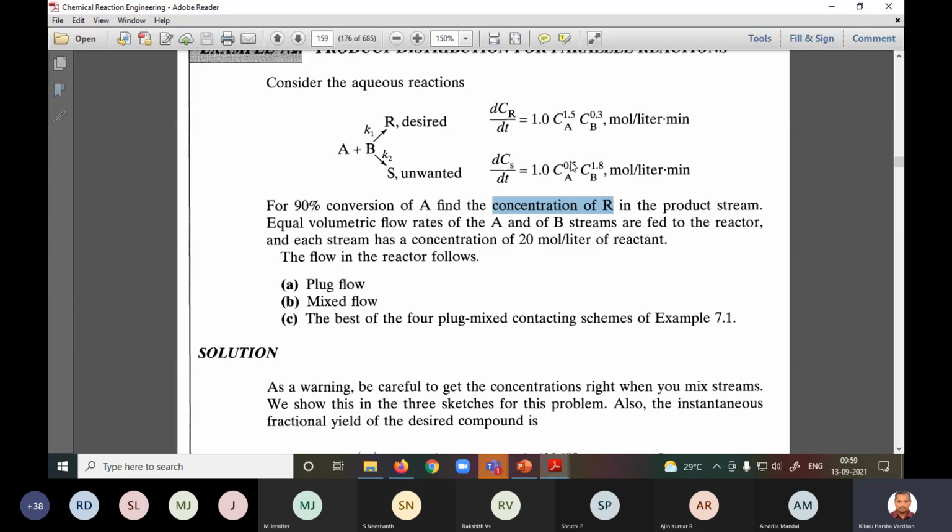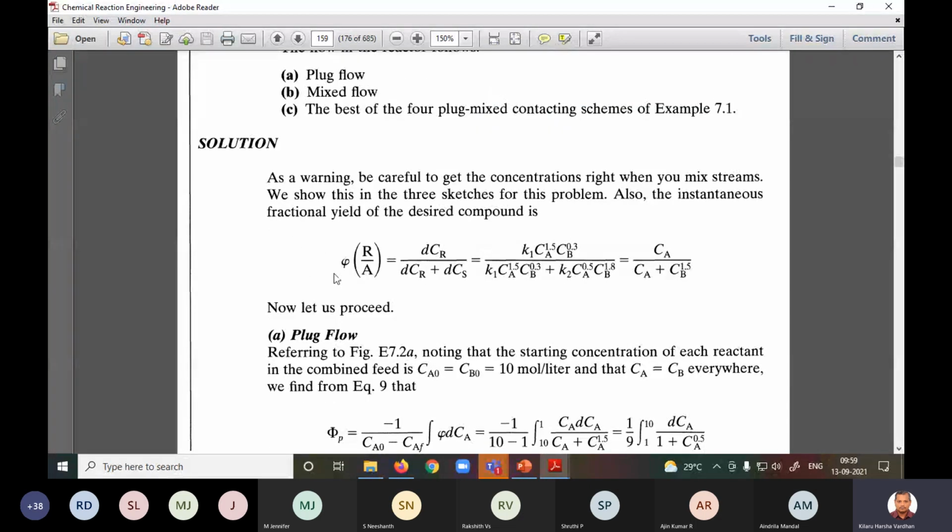We need to do the instantaneous yield. So we will get this instantaneous yield phi R by A, that is the instantaneous yield of R divided by A: how much R is formed divided by how much A is reacted. R formed is dCR.